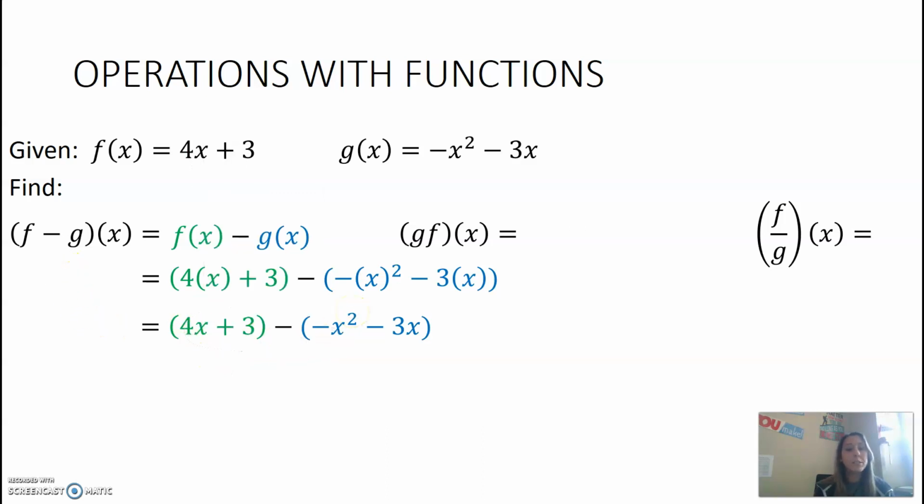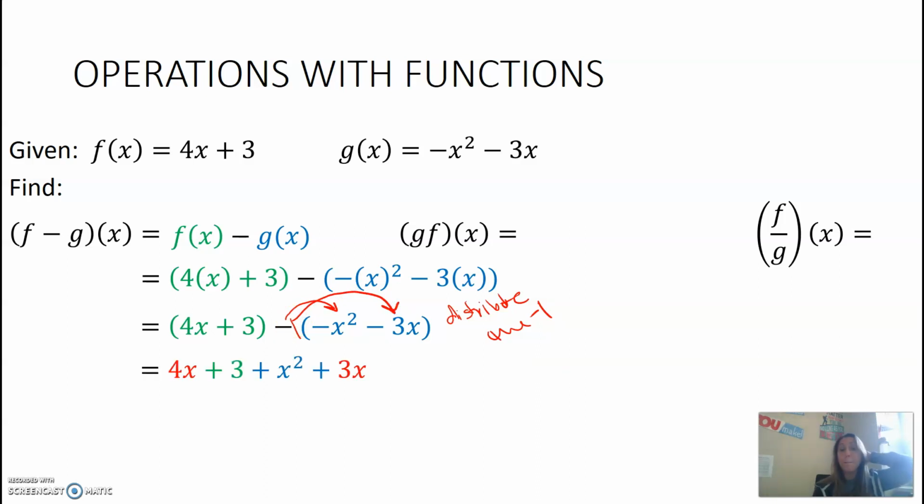Okay, so once we do that, we need to distribute the negative 1. There's a 1 right here, and I need to multiply all of that by this, and I need to multiply that by this. So I end up with 4x plus 3 plus x squared plus 3x.